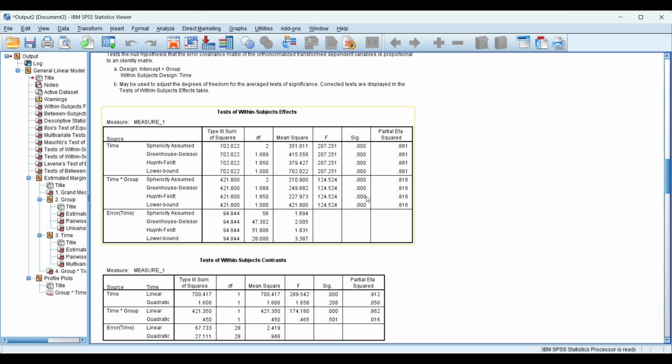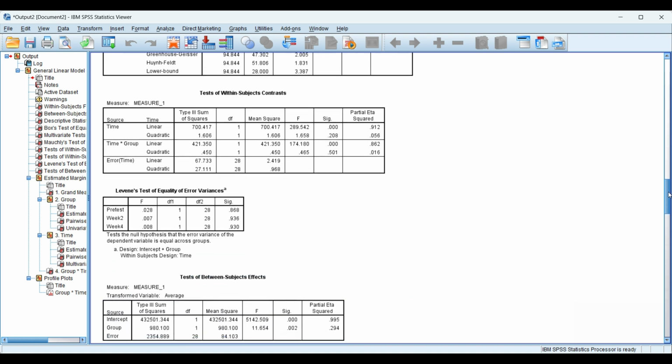You can see time explained 0.881, so time explained 88.1% of variance. And the time-group interaction impact explained 81.6% of variance, which significantly defines the difference between the control and treatment groups.